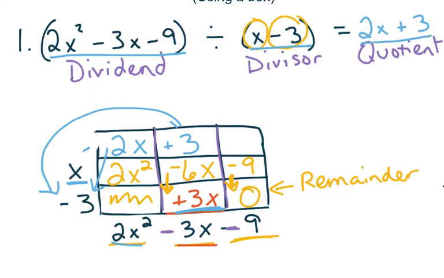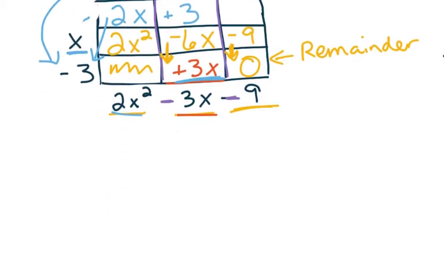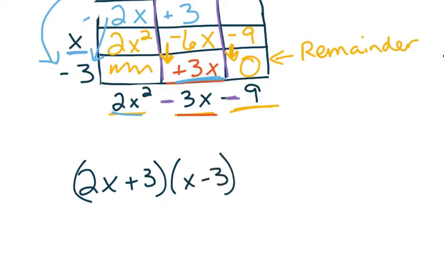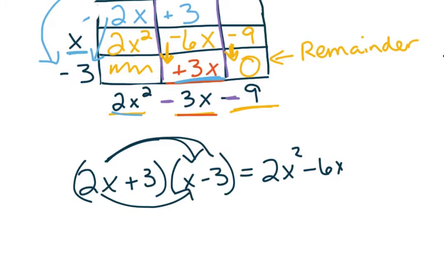Well, how do we know if we're right? Because that just looks like a lot of gibberish. Well, let's do this. Let's check it. We said that we could multiply 2x plus 3 times x minus 3. That's 2x squared minus 6x plus 3x minus 9.